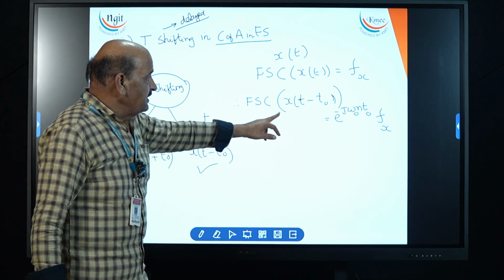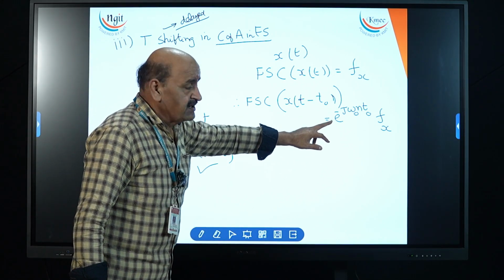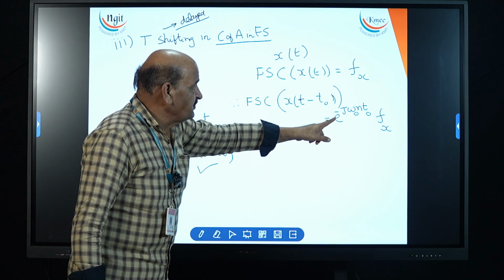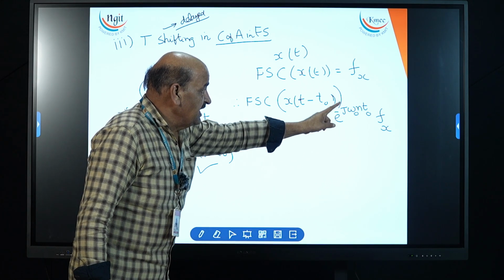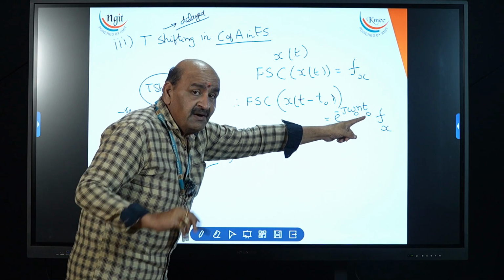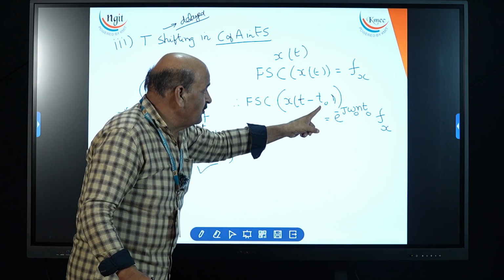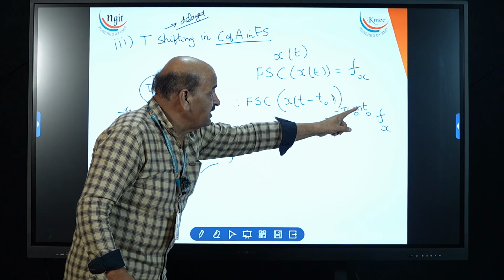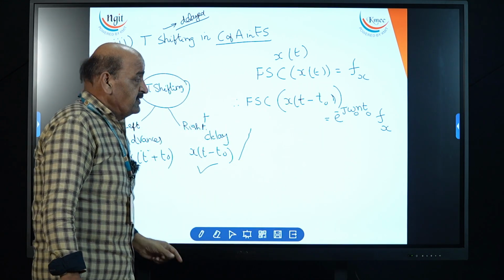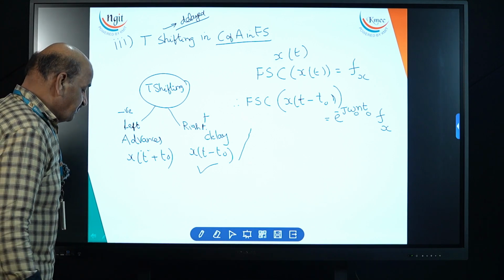Look at this: an exponential factor multiplies the Fourier series coefficient of that signal. T naught is called the delayed time factor. Look at how much time is delayed here, with the Fourier series of the actual signal f of x. That is called time shifting.